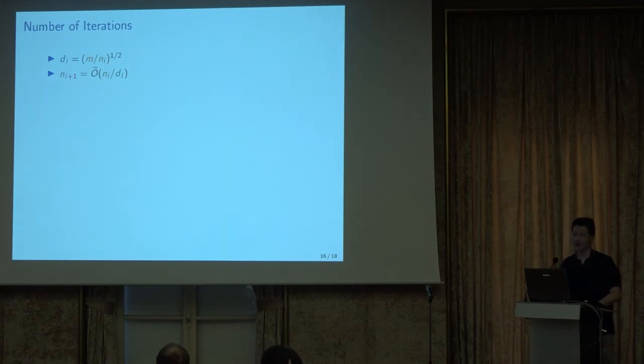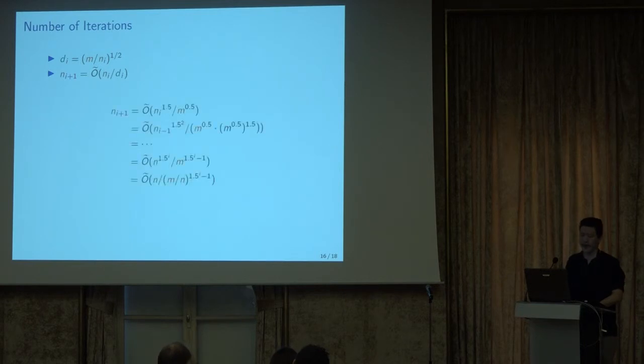So let's analyze the number of iterations. In the ith iteration, we set the parameter di to be this quantity, and after the ith iteration, the number of vertices that survive is just ni over di. By a simple calculation, after the ith iteration, the number of vertices that survive is the number of vertices in the original graph over some quantity, and this quantity is double exponential in the number of iterations.